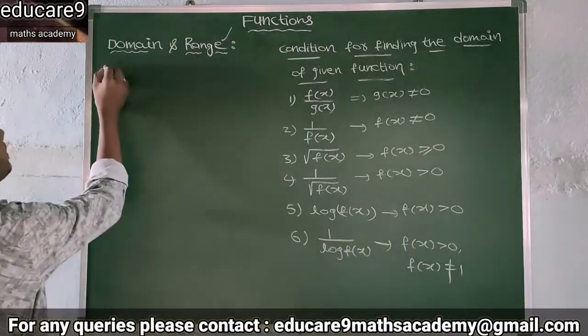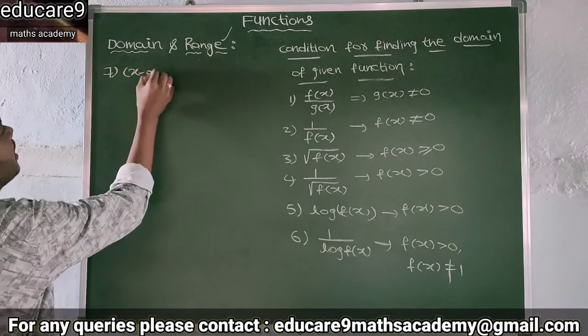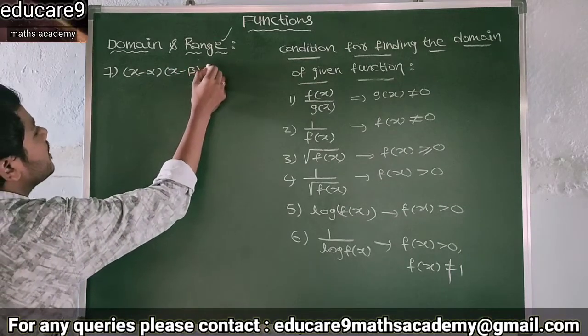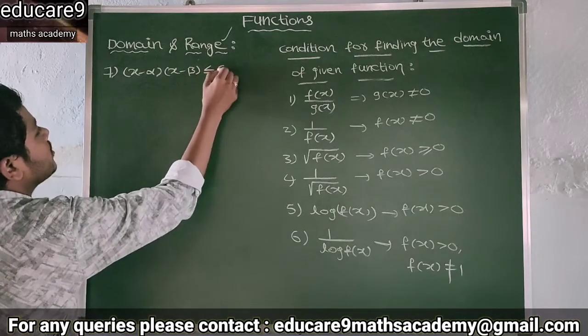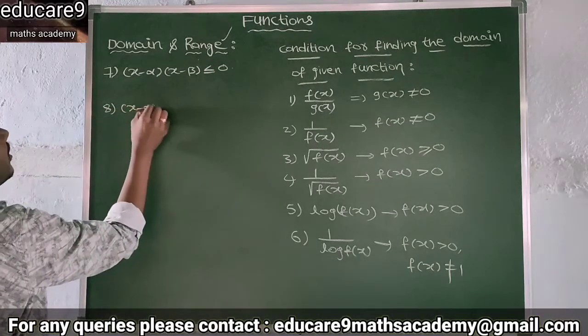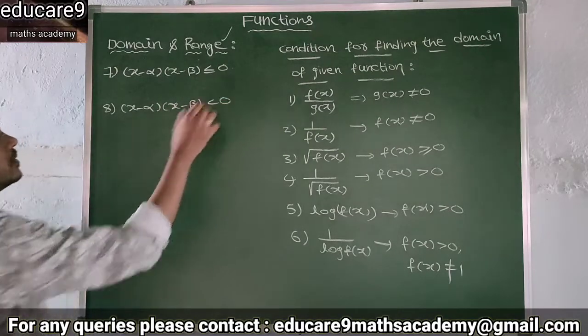So see the next condition. x minus alpha into x minus beta is less than or equal to 0. Eighth one, x minus alpha into x minus beta is less than 0.